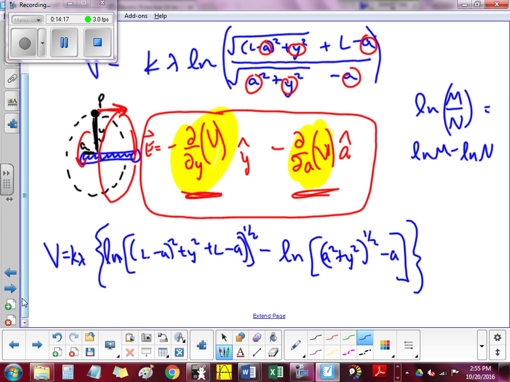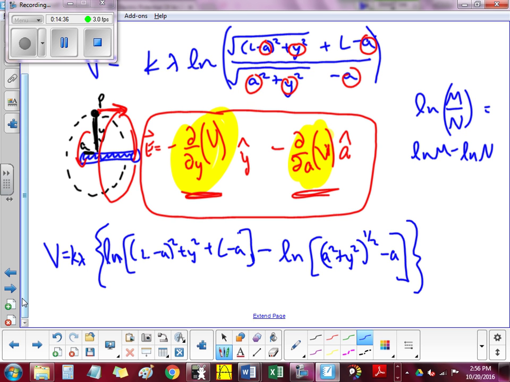Okay, let me make sure I copy that right. So I have ln of numerator. Yeah, see, I misplaced my half. I knew I was going to do something wrong with that. That's just messiness. Let me concentrate for just a second. Okay, L minus a goes here.